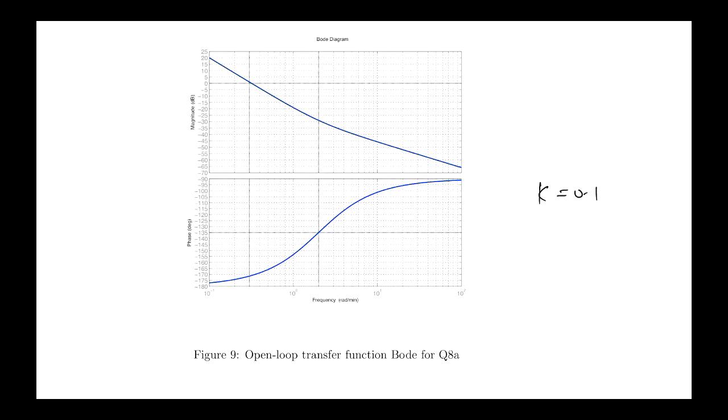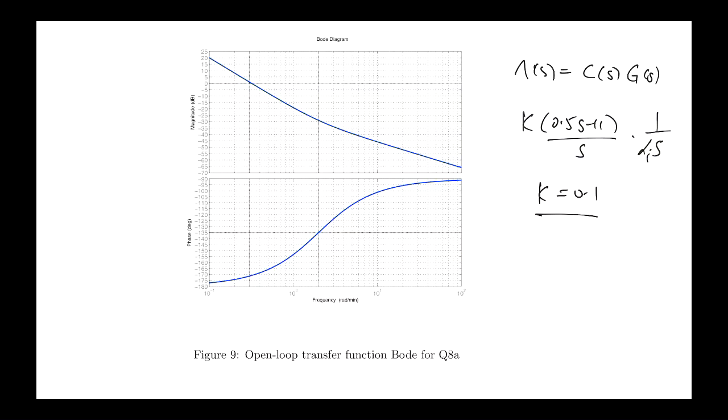All right. So this is the Bode plot that you get for the open loop transfer function, which is the product of the controller and the plant transfer functions, for the controller that we just saw, with k equal to 0.1. Your plant is still 1 on s squared, so what we're looking at for lambda is the product of those two things.